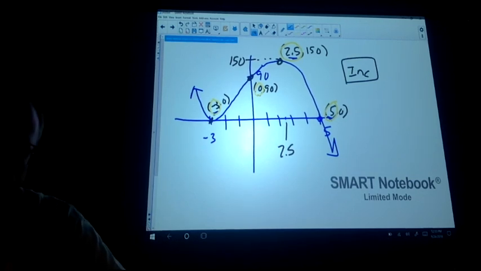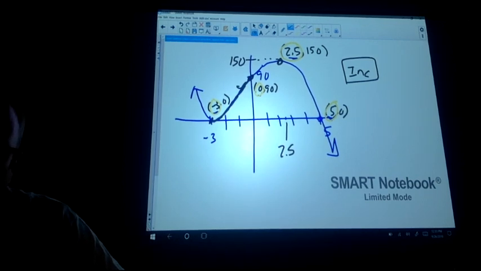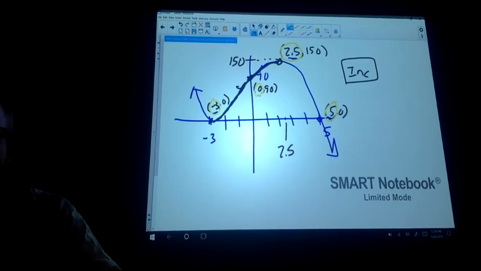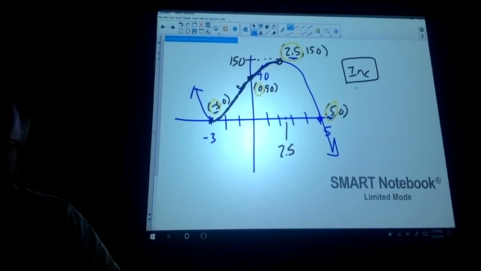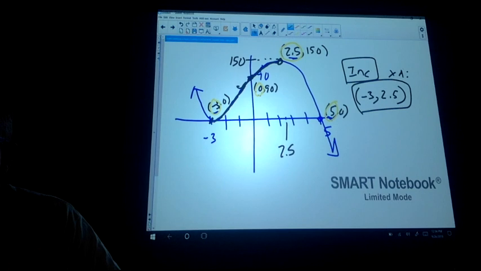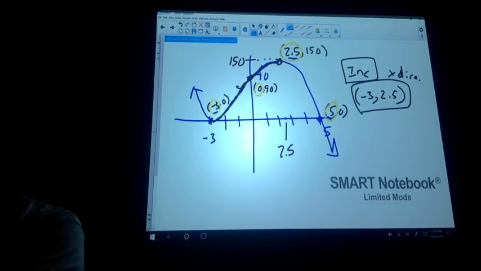Is this going uphill as I go? Okay, so it's increasing from -3 to 2.5. So this is what's happening in the x direction, and by us saying that, we can say this is increasing from -3 to 2.5. Does that make sense to say that?